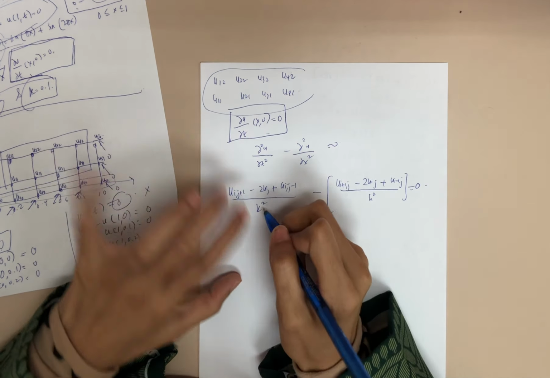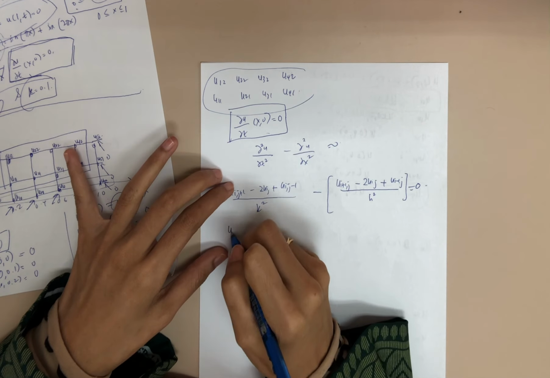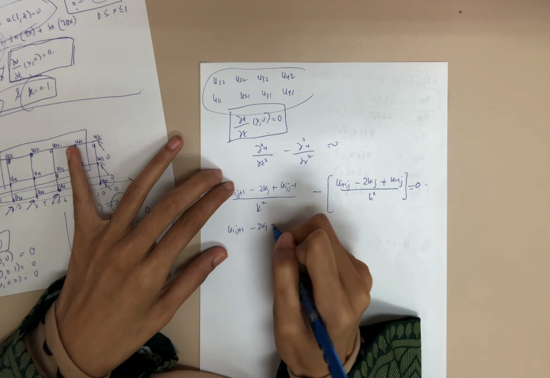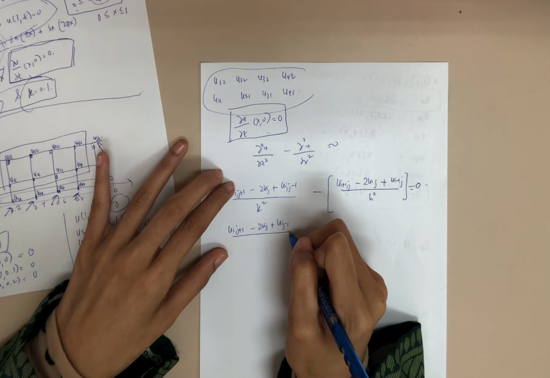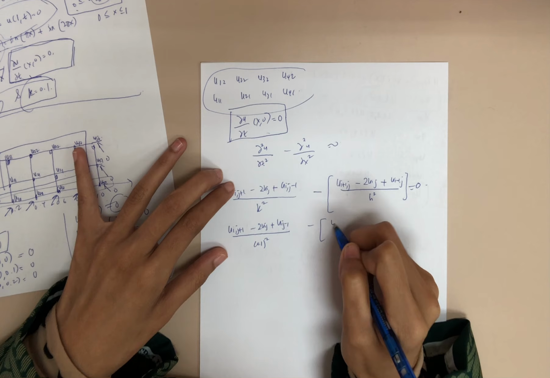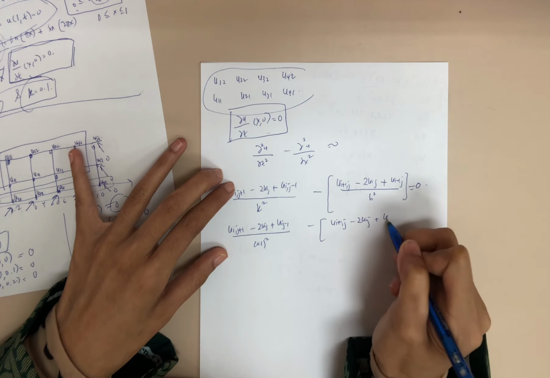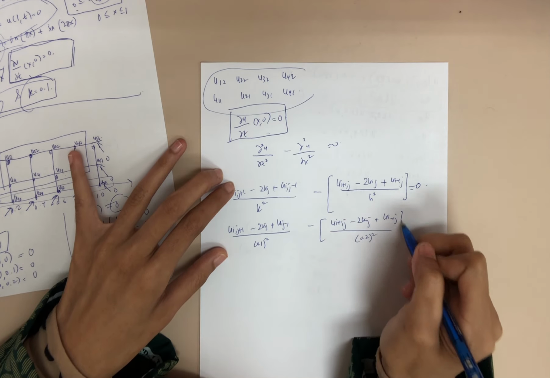So I think better you substitute the value first, because we have a value of k and h. So we substitute first the value of k is 0.1. So 0.1 power 2, then minus u_{i+1,j} minus 2u_{i,j} plus u_{i-1,j}, over 0.2 squared.